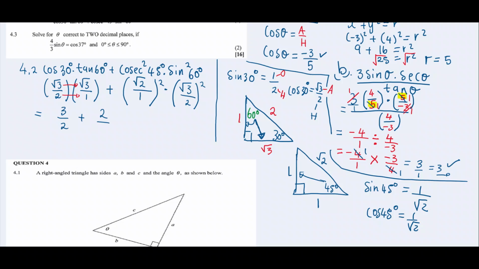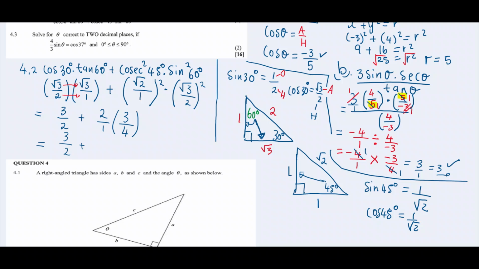So when we fix this, we're just going to get 3 over 2 plus 2 over 1 times 3 over 4, right? Because you're going to square the part at the top and square the part at the bottom.